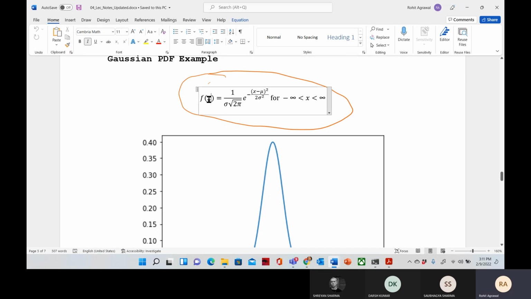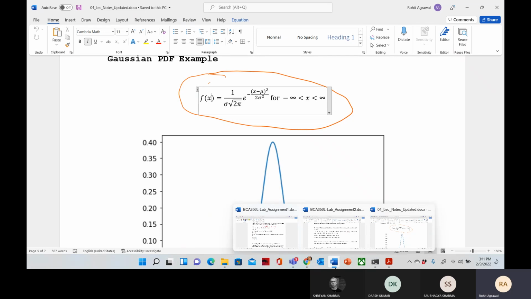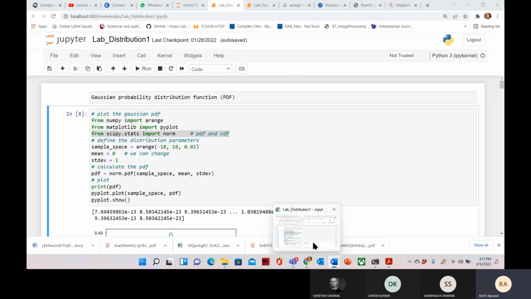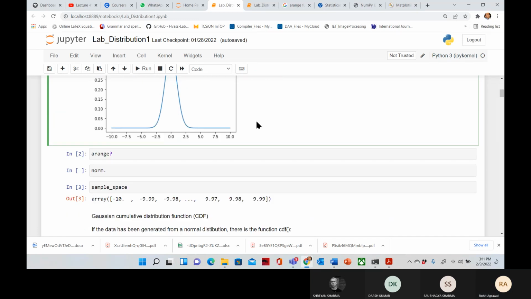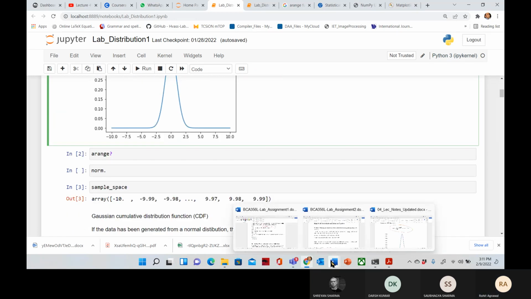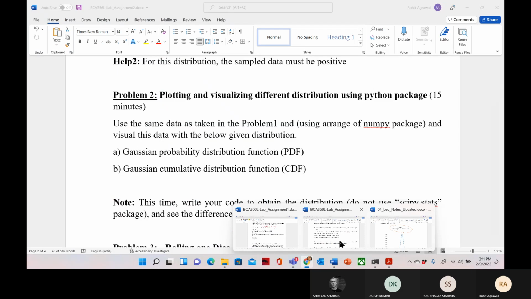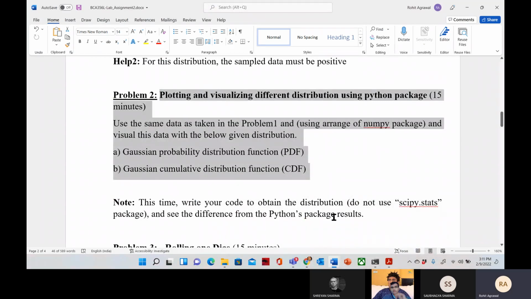So instead of using norm.pdf, we will use our own created function. Just try it, otherwise I will discuss. Question is clear to all of you?